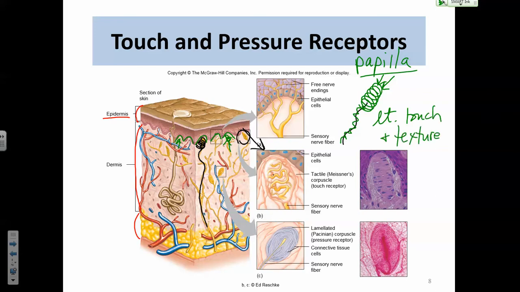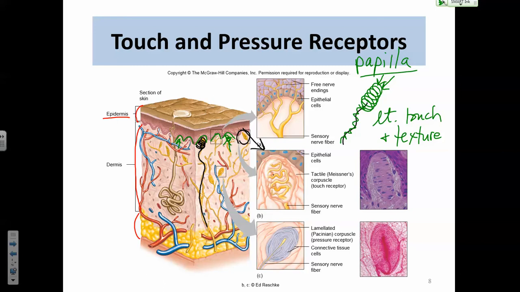Okay, and they're in your skin. Areas in your skin that are super sensitive to light touch and to texture, like your fingertips, are going to have a lot higher concentration of Meissner's corpuscles than areas of your skin that are not as sensitive, like your elbow. Wouldn't be as sensitive to touch maybe as your fingertips or your shoulder.